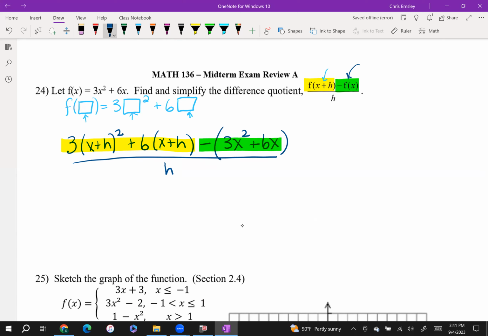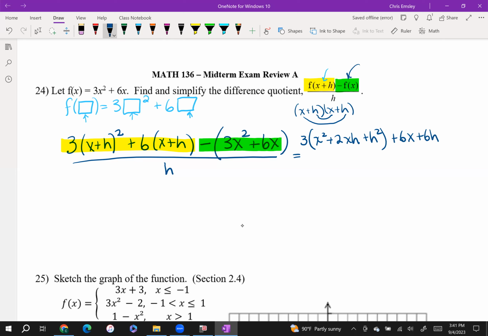Okay, lots of simplifying we need to do here. Let's start off up top by squaring that x plus h. I'm going to leave that 3 alone. Remember, if you have to jot it down to see it, x plus h, you need to FOIL those out. It's going to be x squared, and then our outer and our inner product together gives us a 2xh, and then h squared. Then we'll distribute that 6.